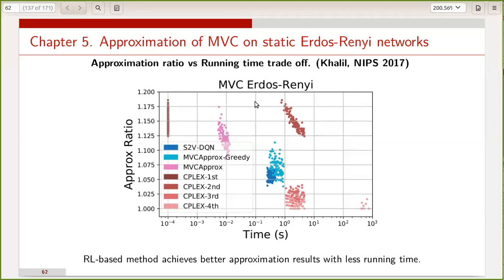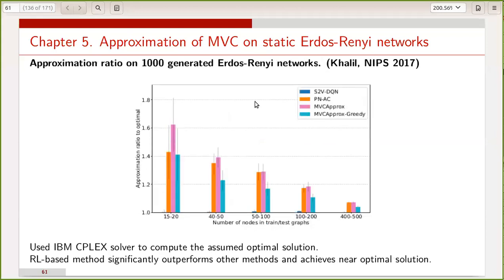This one is the number of nodes in the graph: for the small graph, 15 to 20 nodes, and for the larger, 40 to 50 nodes. You can train on the smaller graph and then test it on the larger graph. So we actually use transfer learning.